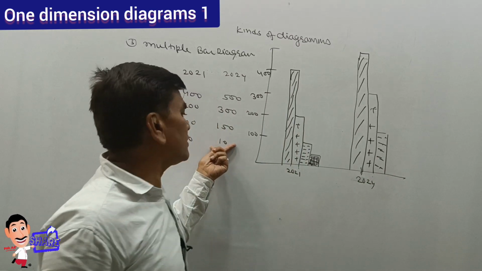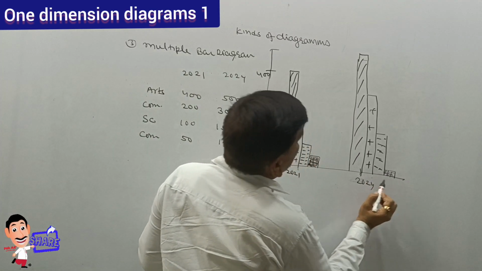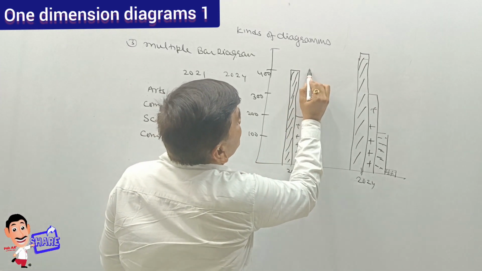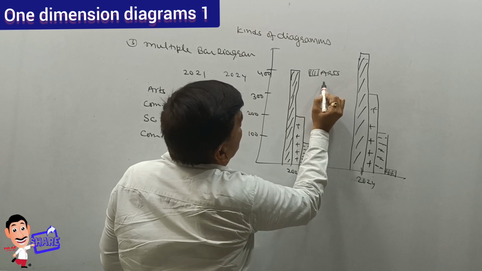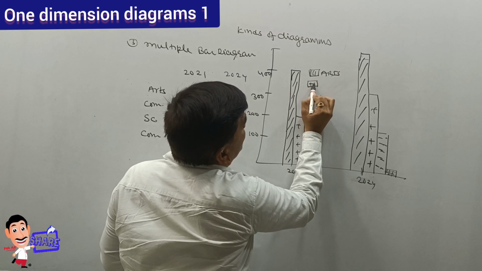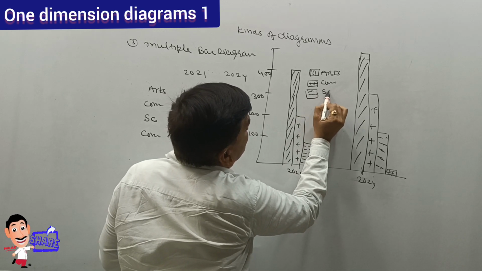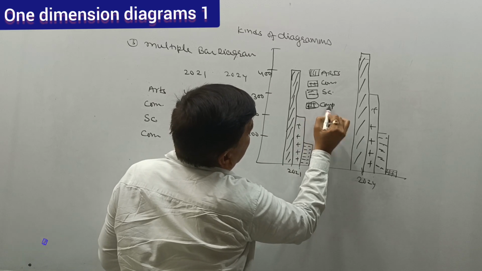But in computer science only 10 students are available, so it will be this. So here we write arts. This symbol is commerce, this symbol is science, and this symbol is computer science.